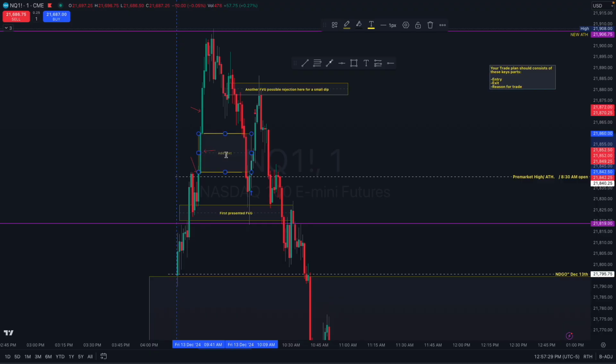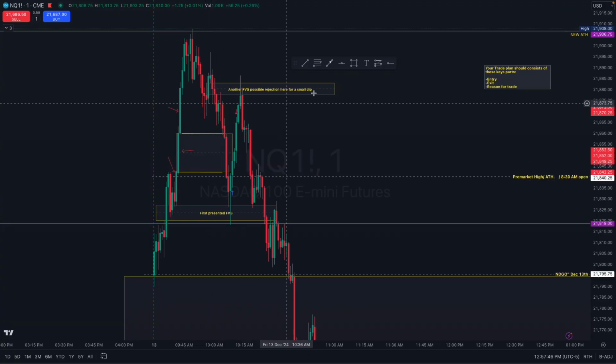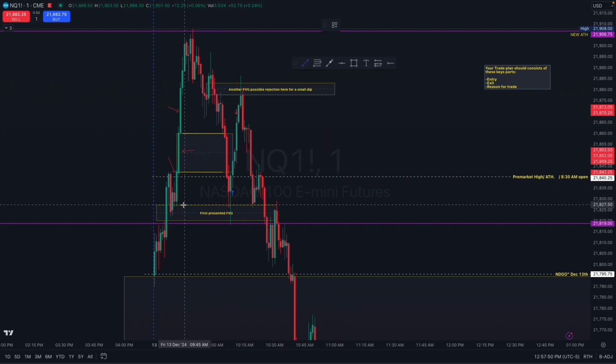You might be targeting the short side, or you might be targeting the long side. Your stop loss should always be the third candle in either direction. So it might be here.